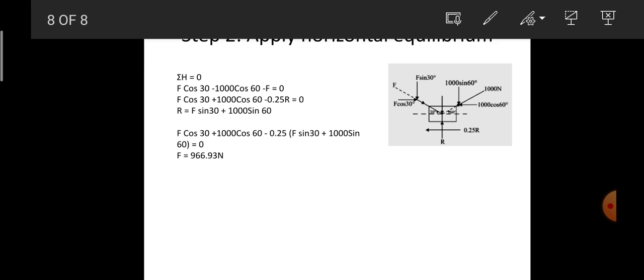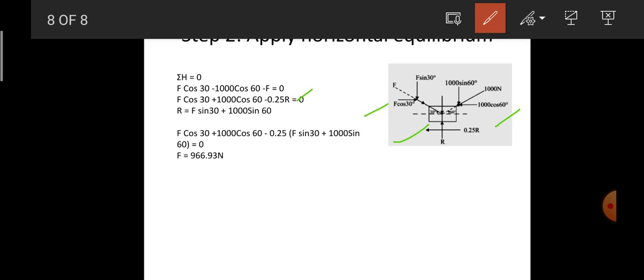Next I apply the same horizontal equilibrium condition. I have F cos 30 going in the right side direction, positive. Minus 1000 cos 60, going in the left side direction, hence it is negative. And also minus F, which is 0.25 times R going in the left side direction, hence it is considered negative.